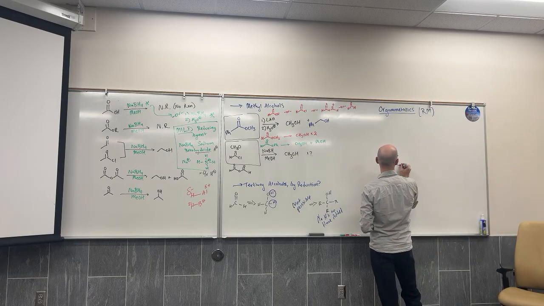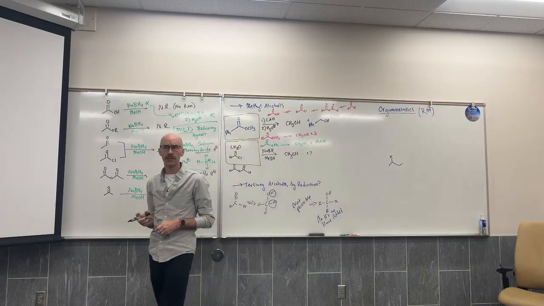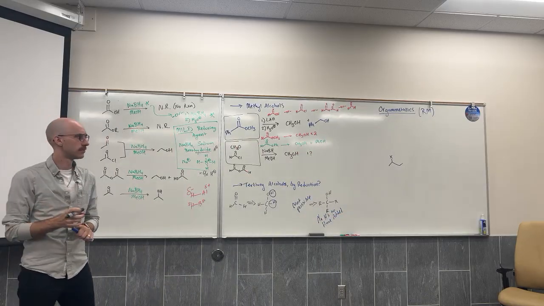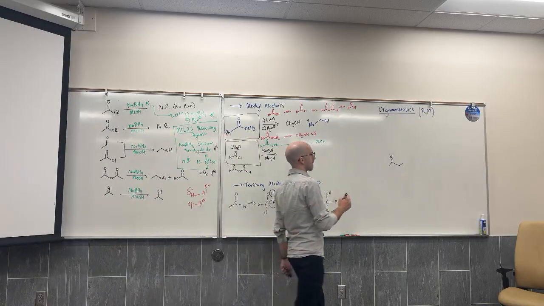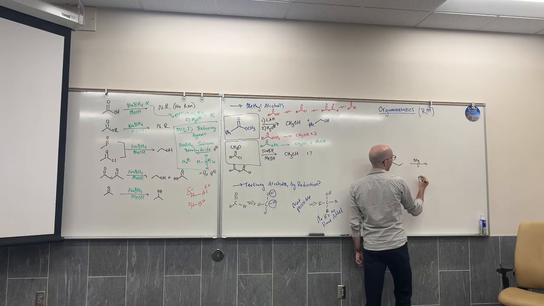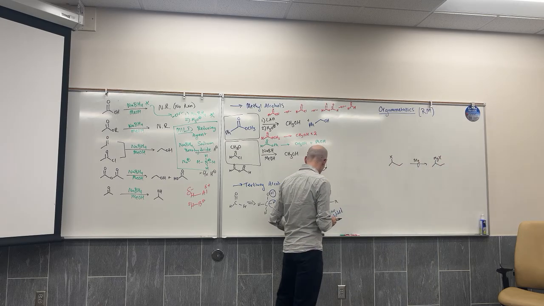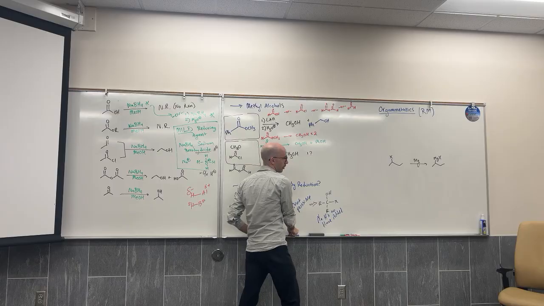We will start with an alkyl halide. When we react the alkyl halide with metallic magnesium, we make what is called a Grignard.